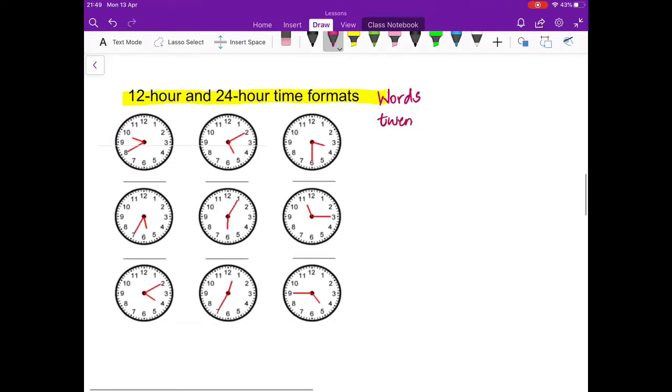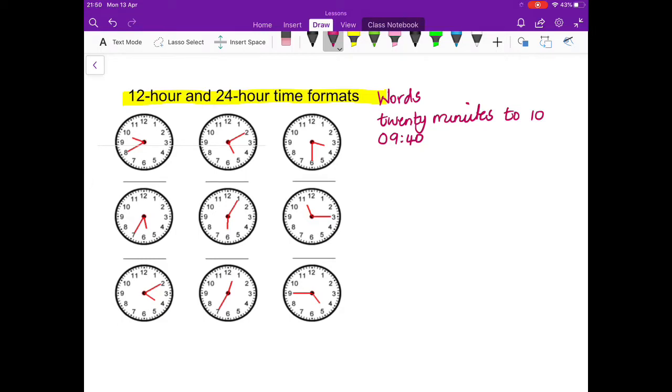So we would write 20 minutes to 10. Now we don't know whether that is morning or afternoon, so in the 24-hour clock we would write it as 09:40, 40 minutes past 9. That would be in the morning.